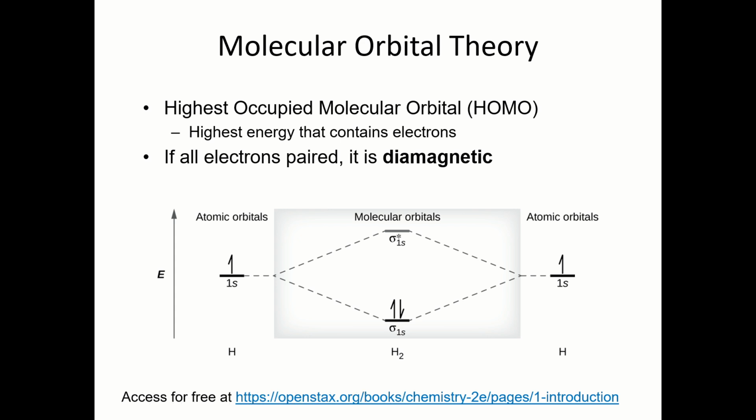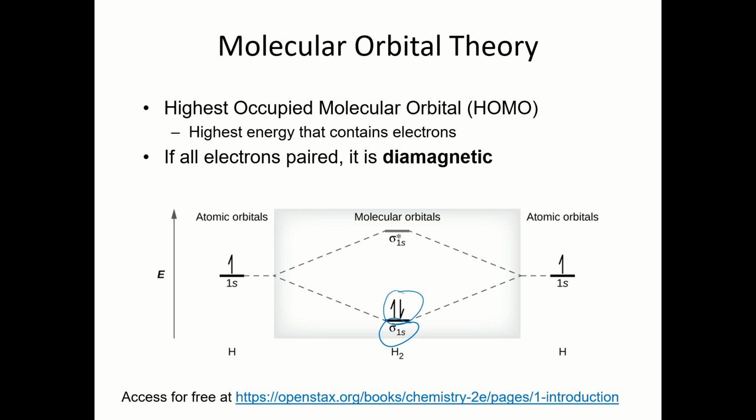Now, when we're looking at molecular orbital diagrams, just keep in mind that the highest occupied molecular orbital, or HOMO, is the orbital that contains the highest energy electrons. In the example here, our highest occupied molecular orbital would be a sigma 1s, because it's the highest energy that still has electrons in it.